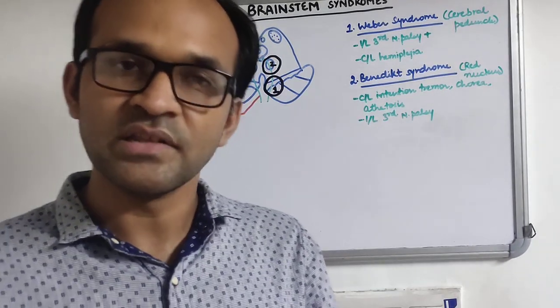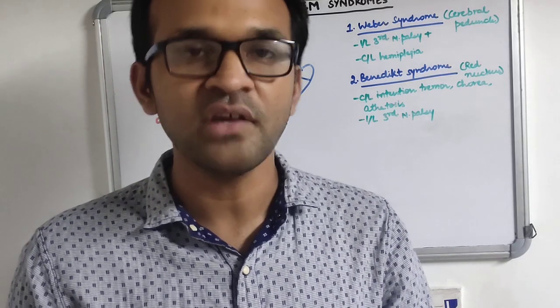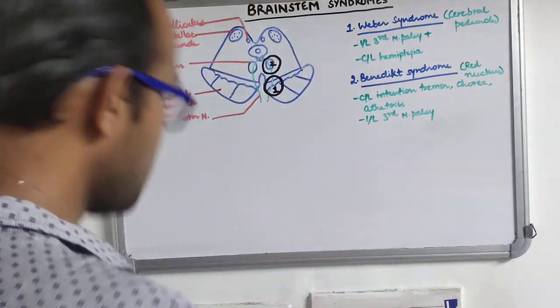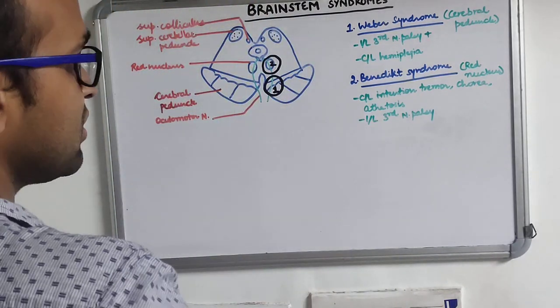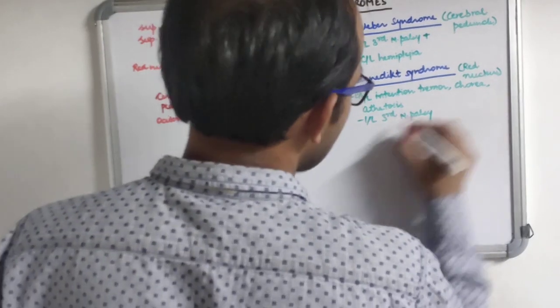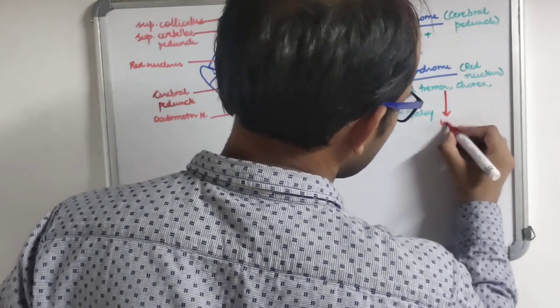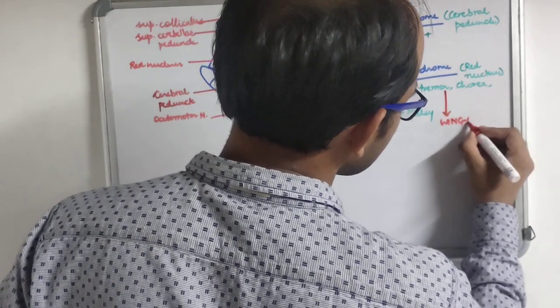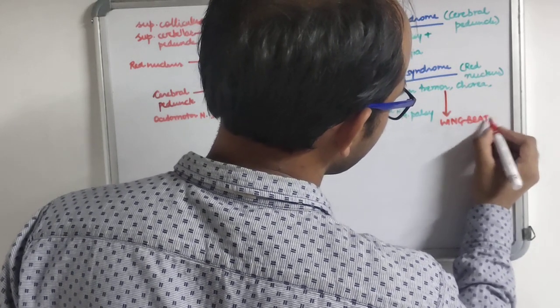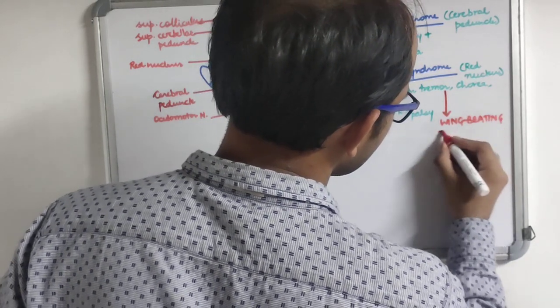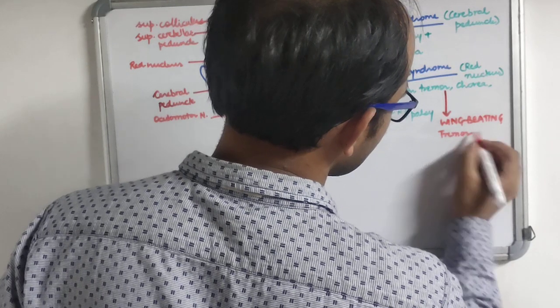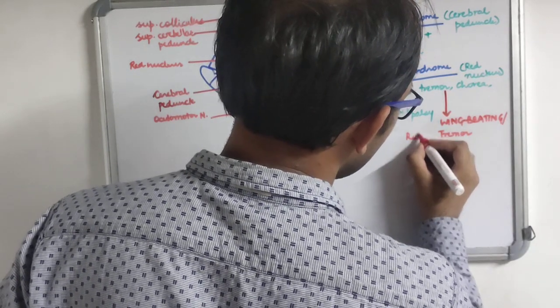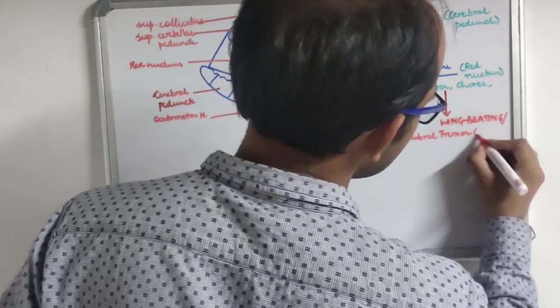Apart from this, wing beating tremor can also be seen in Wilson's disease.